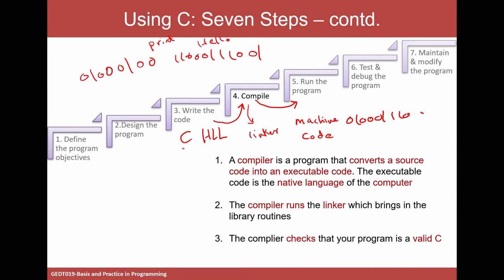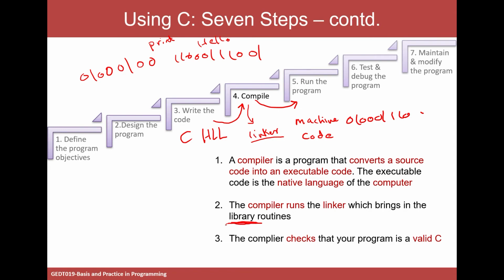When you write your C language code, you are not only writing your own code; you can use other people's code, which we call libraries. Libraries are code written by other people that you are using. To bring in the code of other people, we need something we call a linker. The linker will link your code with libraries.